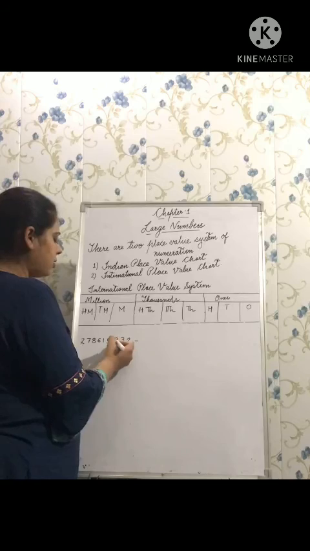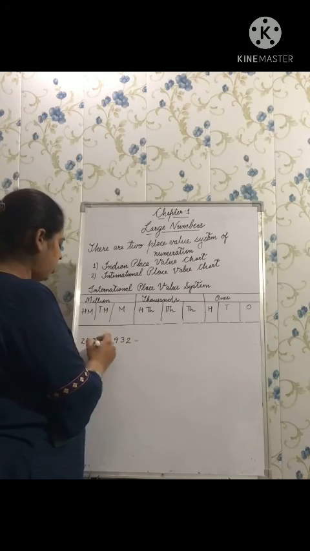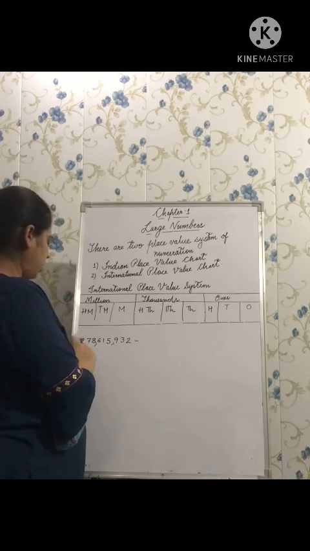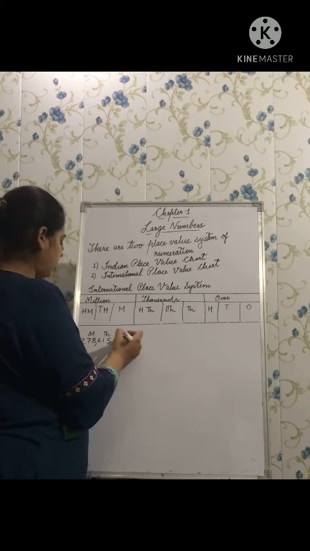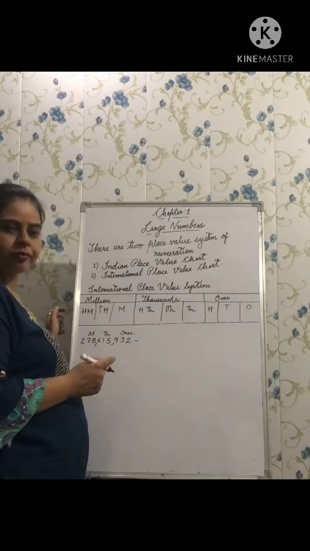Ones, tens, 100, 1000, 10,000, 100,000, million, 10 million and 100 million. This is one group, this is another group, and this one is the last group. Yes.